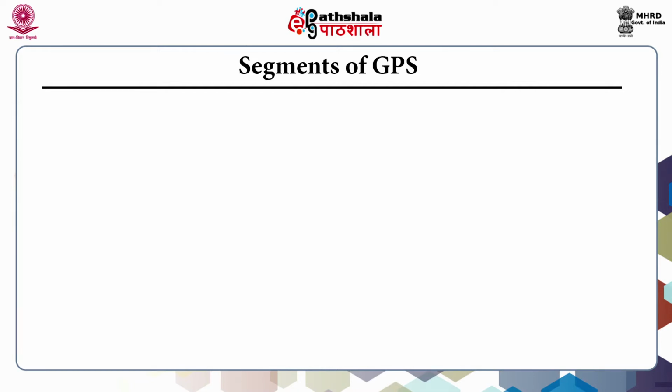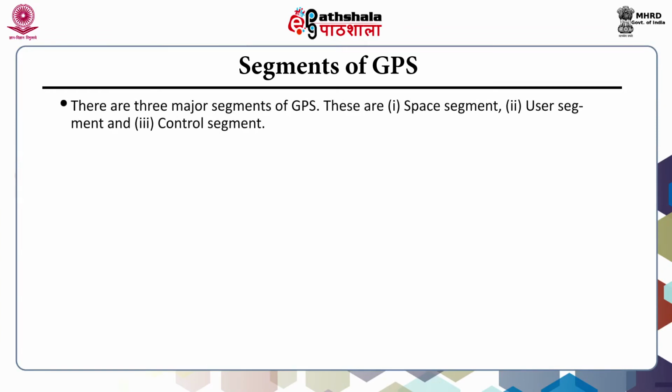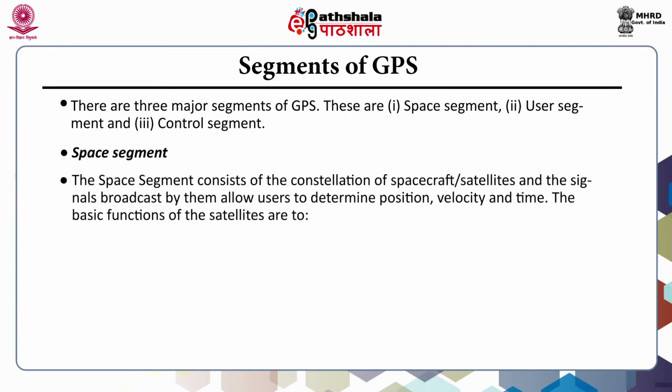Now, let's talk about the segments of GPS. There are three major segments of GPS. These are space segment, user segment, and control segment. The space segment consists of the constellation of spacecrafts, satellites, and the signals broadcast by them allow users to determine position, velocity, and time.